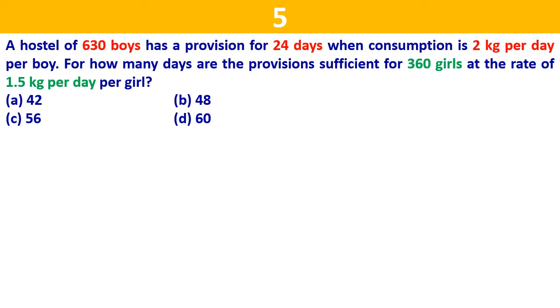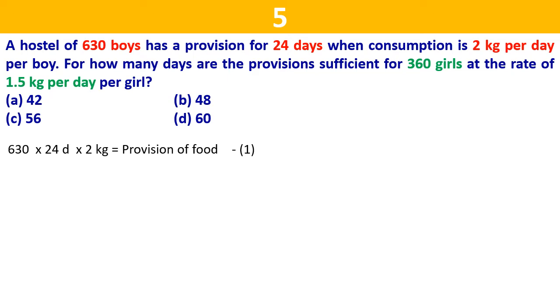Now, first of all, we should think what is the quantity of food available there. If there are 630 boys and every boy is consuming 2 kg per day, in a day the consumption is 630 multiplied by 2. And if this is going to continue for 24 days, we should further multiply it by 24. That is the provision of food available in the hostel, like this.